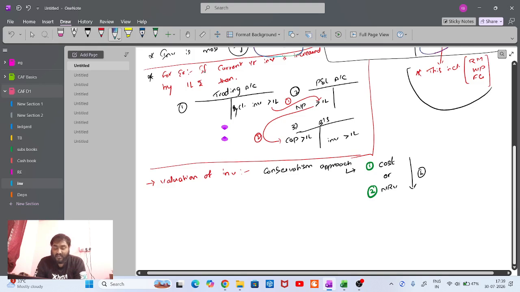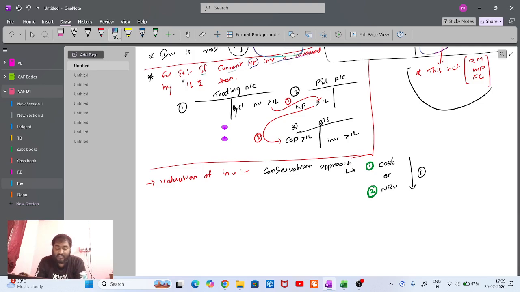For example, if current year inventory is increased by 1 lakh, I will just tell you why it is significant. Inventory is very significant because it directly affects both the financial performance of the business and the financial position of the business, which means both profit and loss and balance sheet. Why? Because if you wrongly increase the inventory by 1 lakh, it affects your trading account, right?